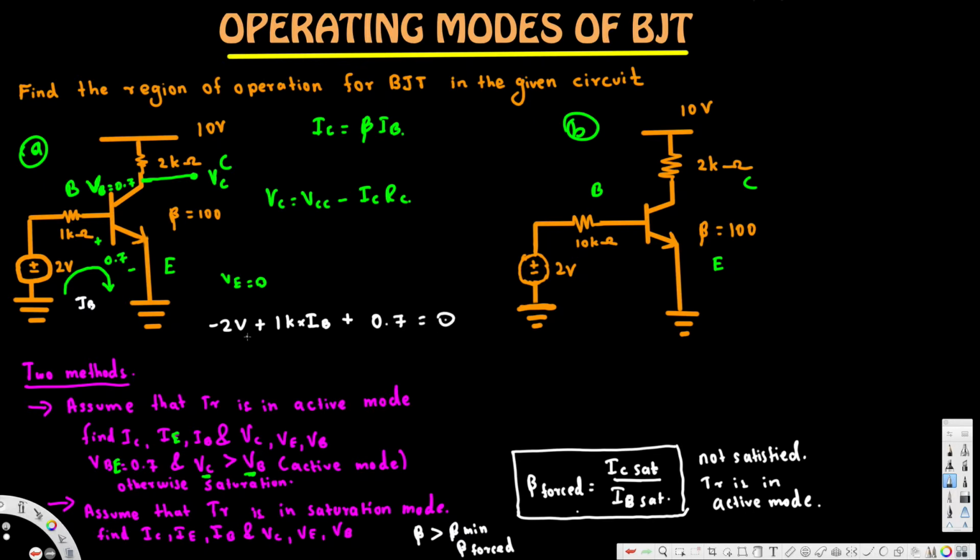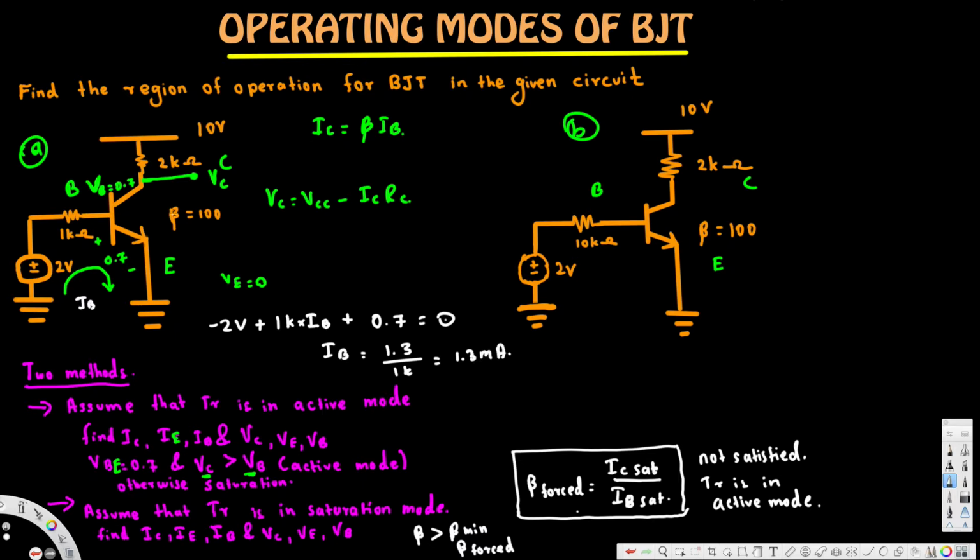Now this is negative 2. Let's go ahead and calculate. This is negative 1.3. If we move this to the other side, positive 1.3. So IB is equal to 1.3 divided by 1K, and that's going to give us 1.3 milliampere. This is our IB current.